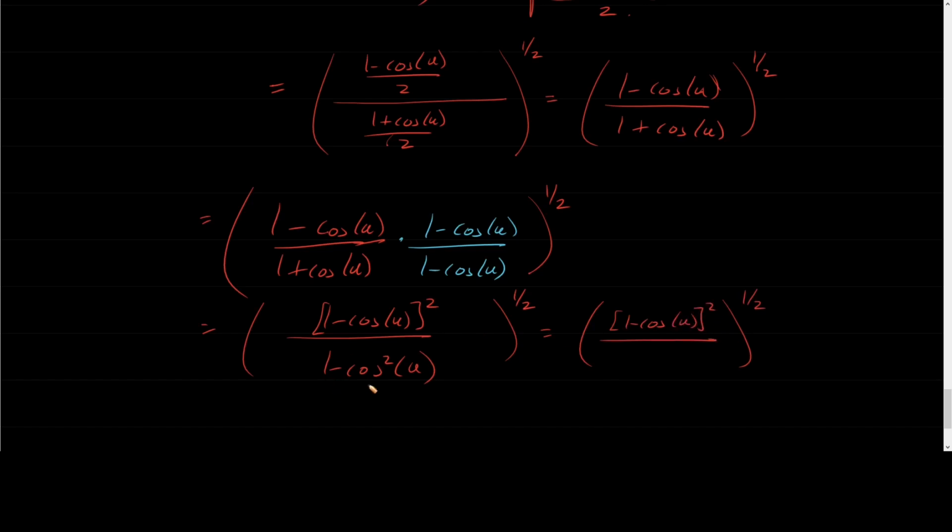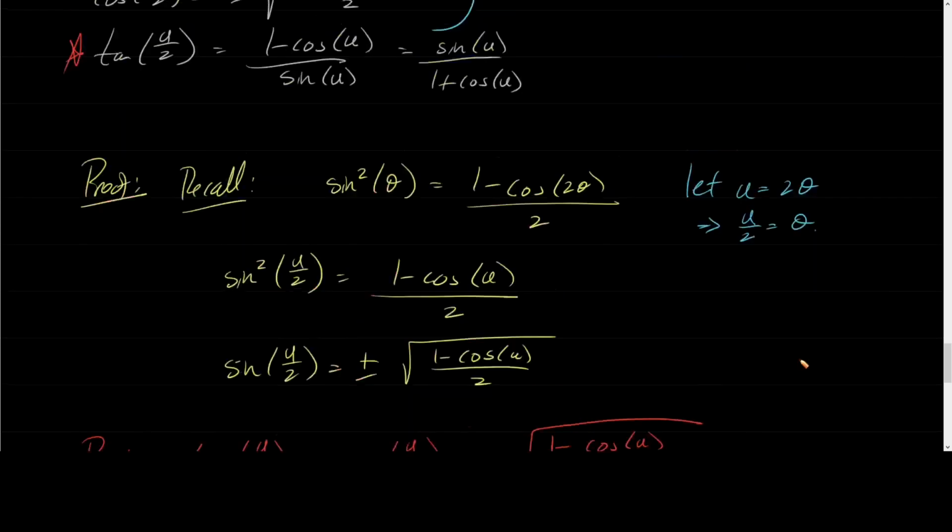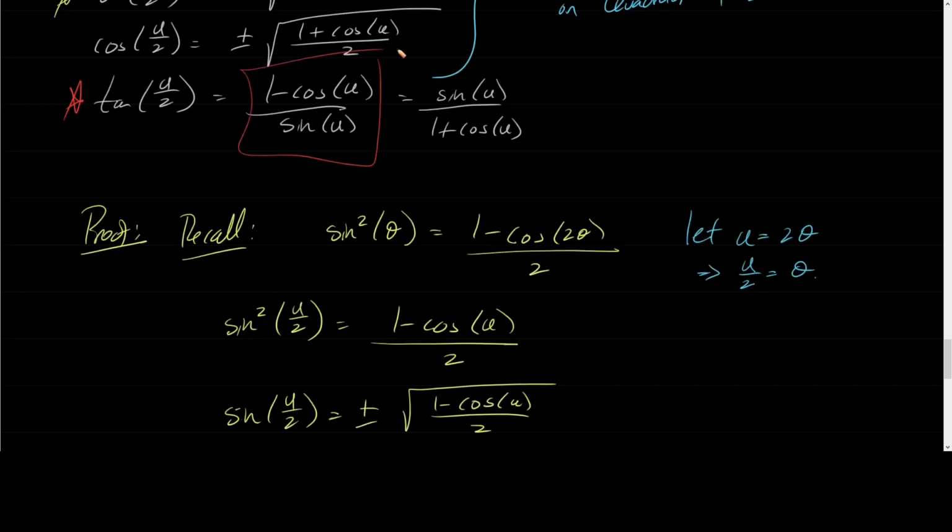On the bottom, 1 minus cosine squared is the same thing as saying sine squared. And then if I take the square root of both the top and the bottom here, I end up with simply 1 minus cosine of u over sine of u, right? Because the square root of a squared just cancels out. So that's how we get this first one, 1 minus cosine over sine.